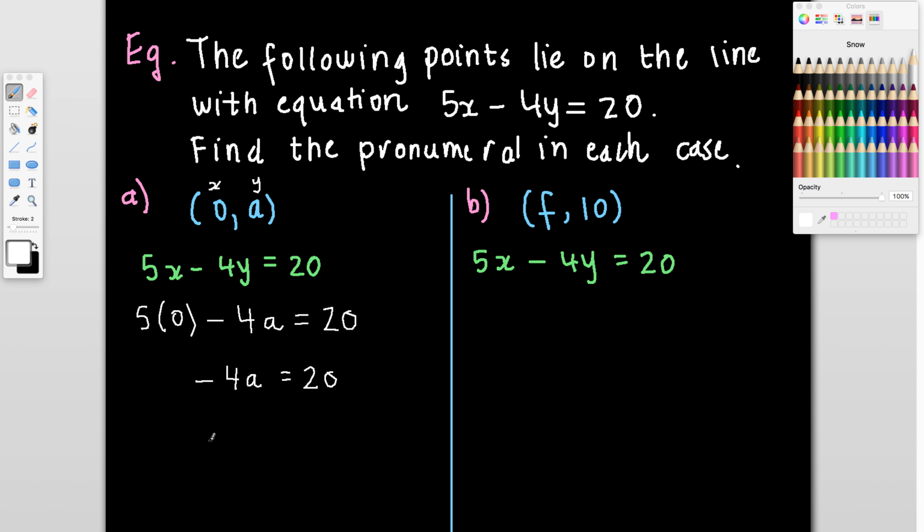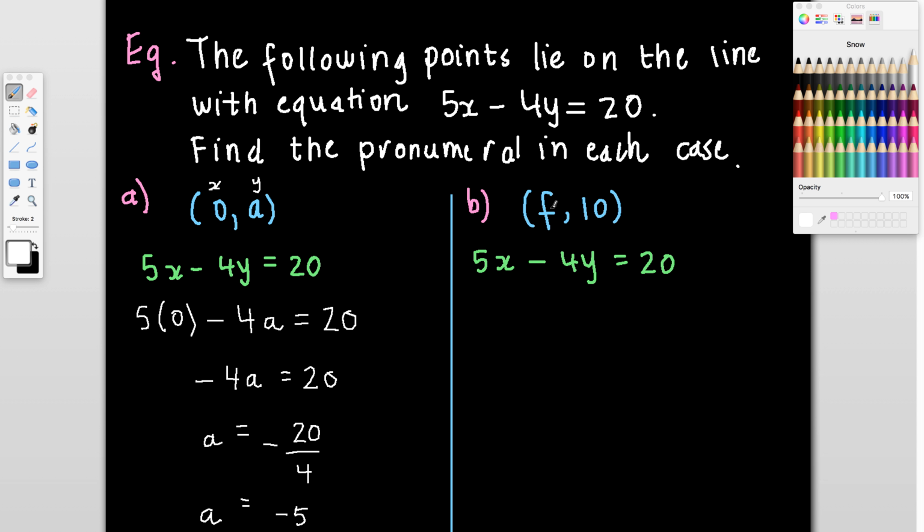Therefore, a equals 20 on negative 4. Now I've sort of lost my negative there. It looks like it's underneath the equal sign. So I don't really like that too much. So try and make it a little bit clearer, like that. And that will be equal to -5. So I was just asked to find the pronumeral, and the pronumeral in this case is -5.